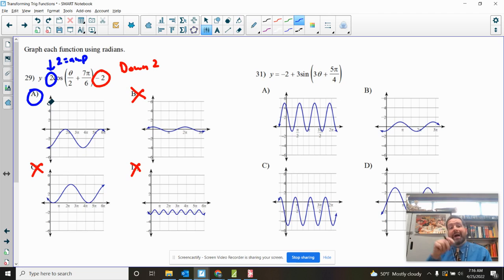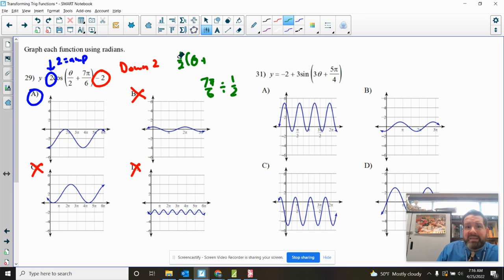Tell you what, though, while we're here, let's check the other stuff. So let's take a look at the phase shift and the period. So rewriting the inside of these parentheses, it's going to be, so theta divided by 2 is the same as theta times a half, plus, and now 7 pi over 6, divided by 1/2.